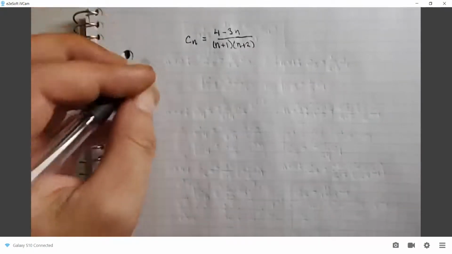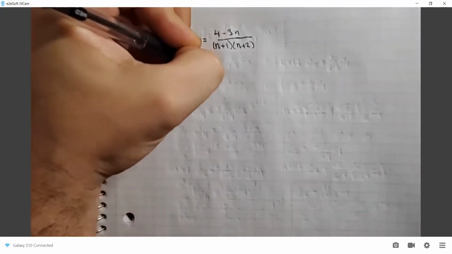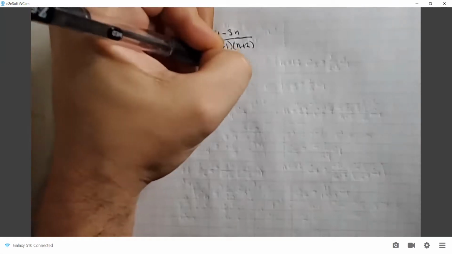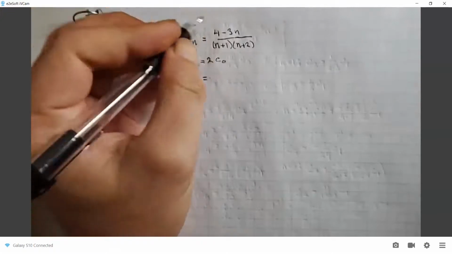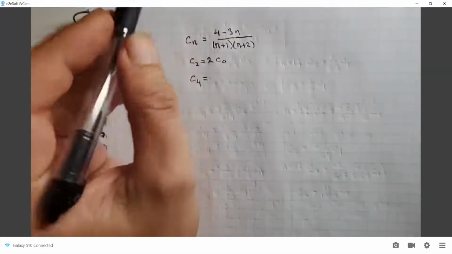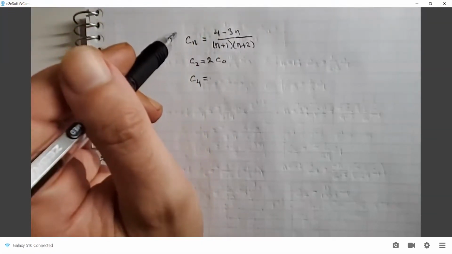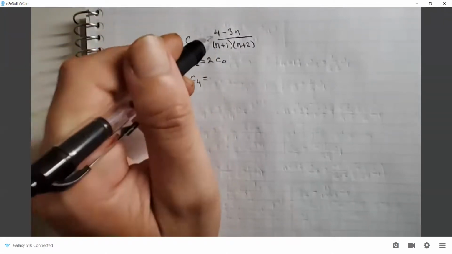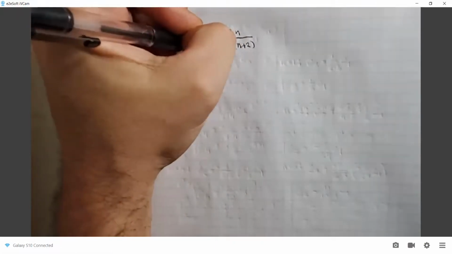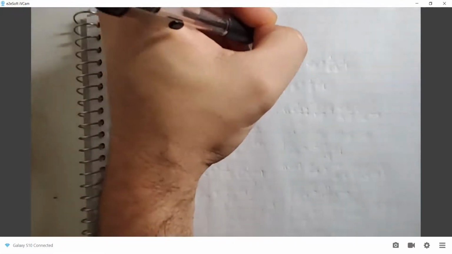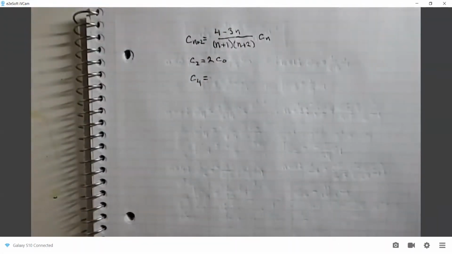So for the evens, the C2 was 2C0. The C4, so let's plug in n equals 2, right? Isn't it Cn plus 2 equals that? Oh, Cn plus 2 equals this times Cn. Thank you. Sorry, I was in too much of a rush.